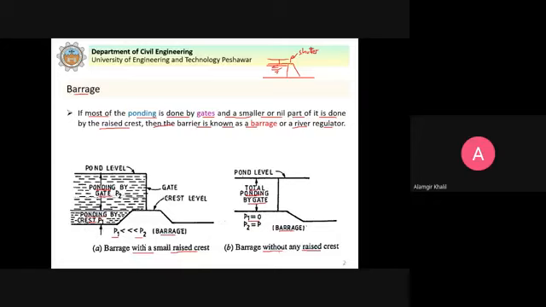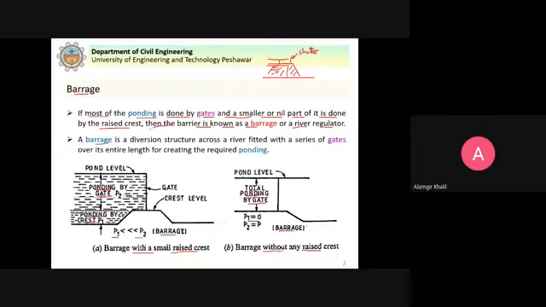Or we can have a weir without a shutter. So this is the basic difference between the weir and the barrage, that in the case of a barrage most of the ponding is done by gates and a smaller or nil part of it is done by the raised crest.